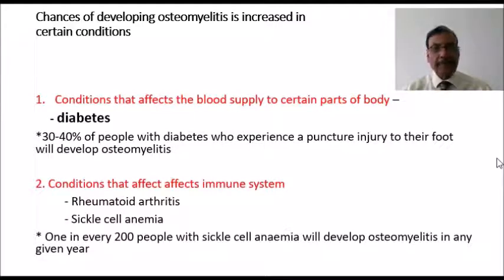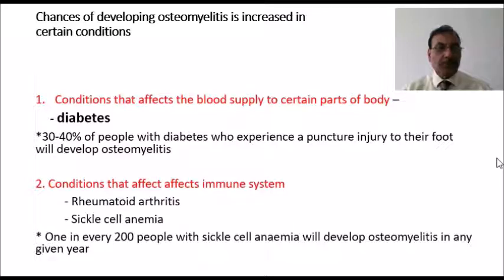Remember some conditions where the chances of osteomyelitis are very much increased in the host. One is diabetes, where the blood supply to the affected part is compromised. 30 to 40% of people with diabetes who experience a puncture injury to their foot are likely to develop osteomyelitis.